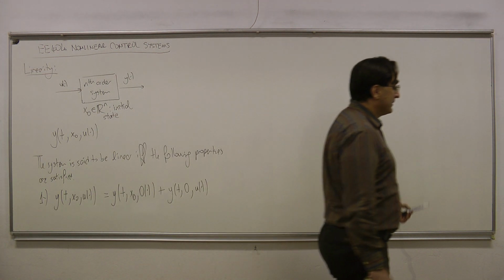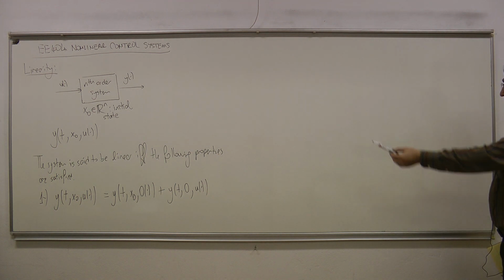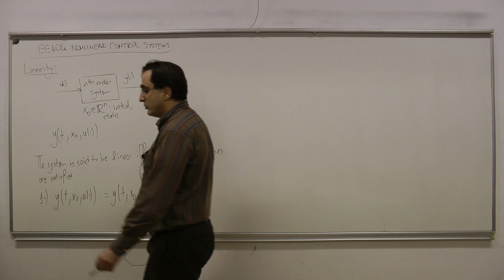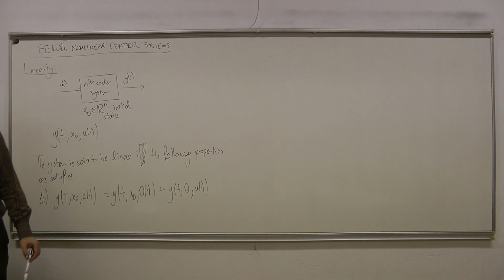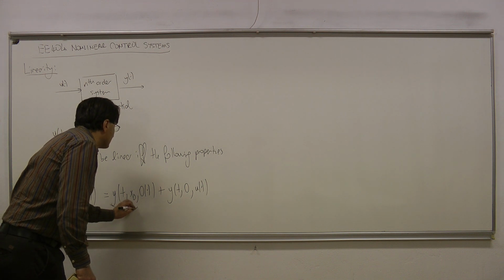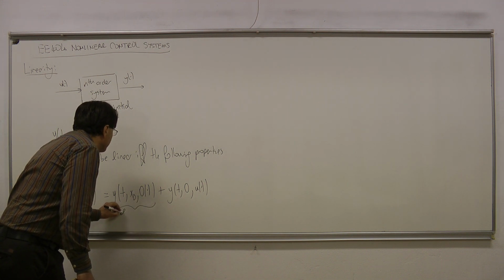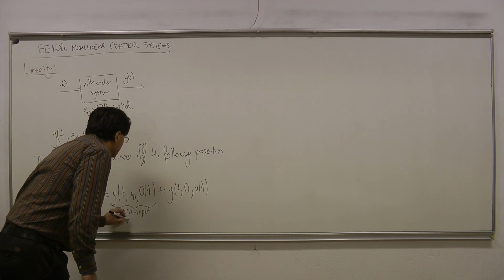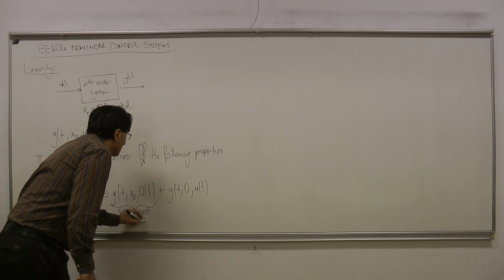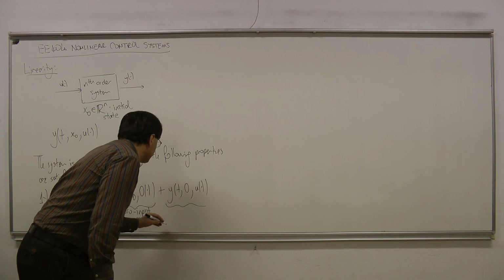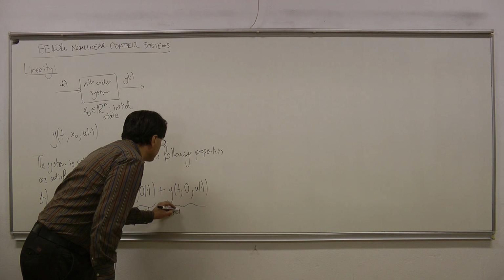In the past, you might have seen such properties, especially in circuit theory, for example. And this type of response of the system is called the zero input response. And this type of response is called the zero state response.